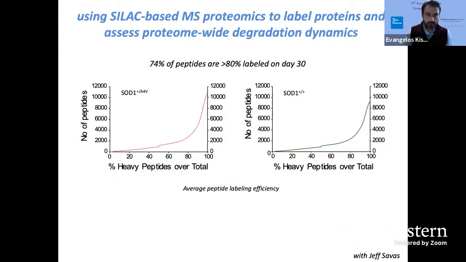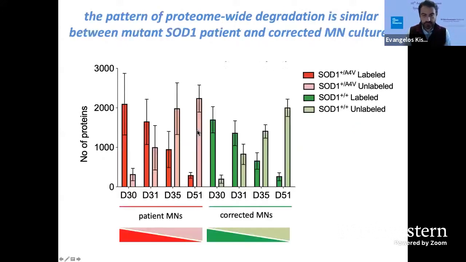This is just some quality control experiments to show you that there were no statistically significant differences in the percent of the proteome that was labeled in the two genotypes. I'm showing you here that 75% of peptides were labeled at least 80% on day 30 for both genotypes.